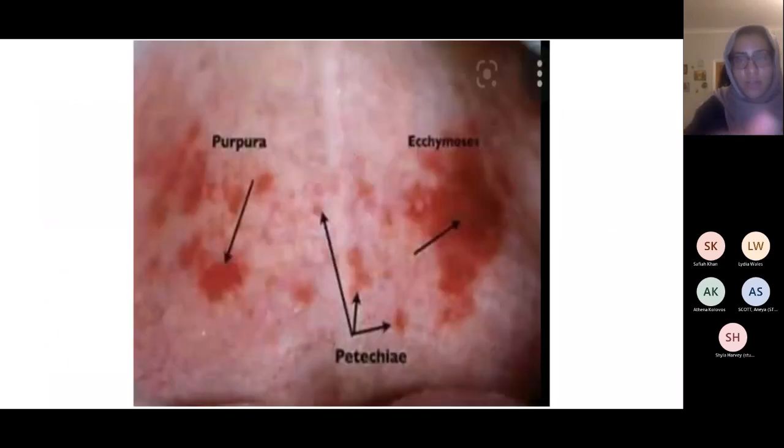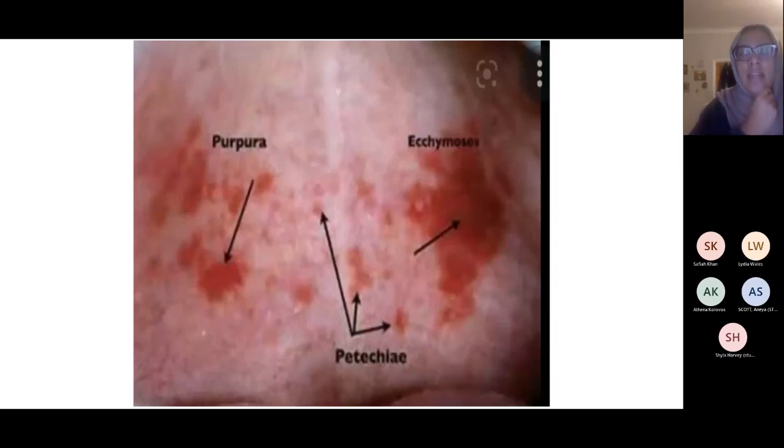And I just gave another picture showing you what these lesions exactly look like. And why it's really important, particularly with purpura or petechiae, you might have heard of the phrase a macular, a non-blanching purpuric rash.